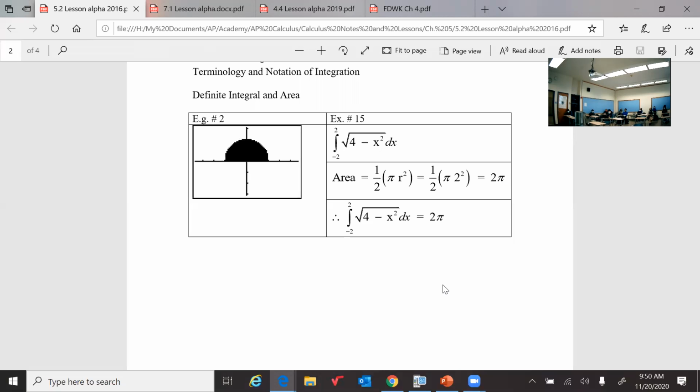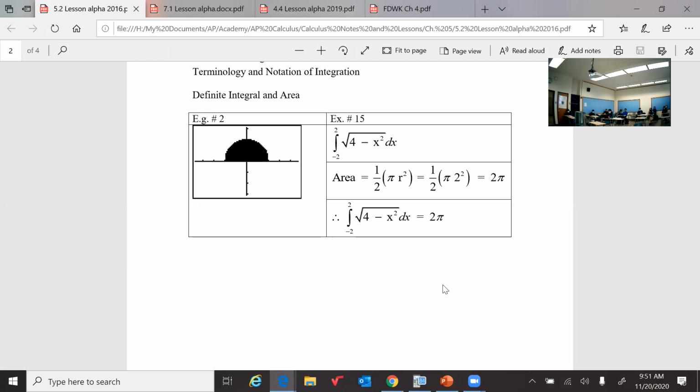Where does this come from? Well, it's a circle. x squared plus y squared equals r squared. So what's the height? y squared equals 4 take away x squared.